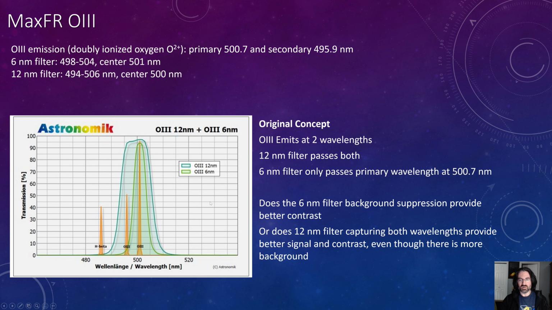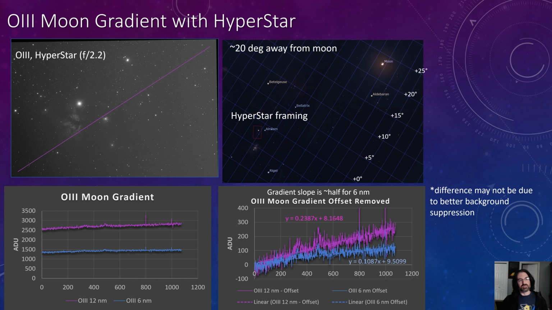I was thinking that what may happen is you actually get a signal boost because you're collecting both oxygen signals at the same time, whereas with the 6 nanometer filter, you're only collecting the one primary emission line, and this secondary line is about 30% of the intensity of the primary line at 500 nanometers. So one of my questions was, is the 6 nanometer filter background suppression going to provide better contrast than incorporating both of these wavelengths?